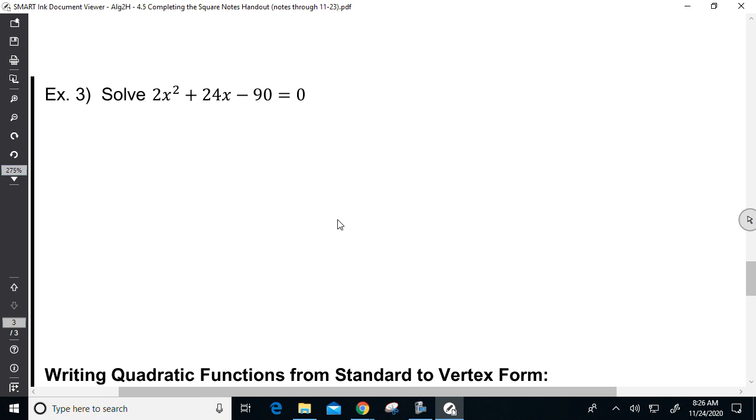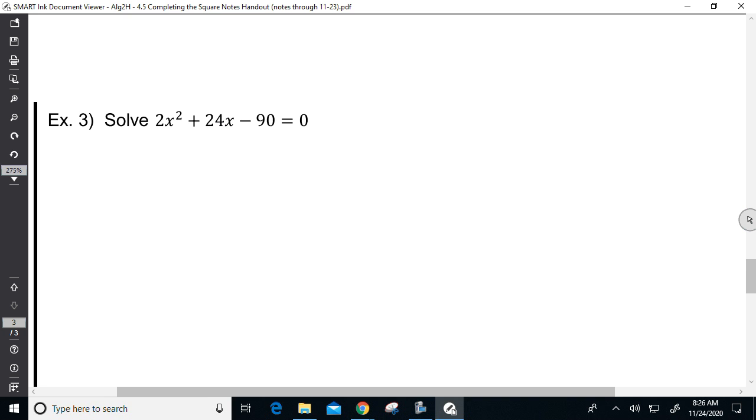So now we have a situation in which we're going to have to move a constant term. So when you are completing the square, you want variable terms on one side and constant terms on the other.